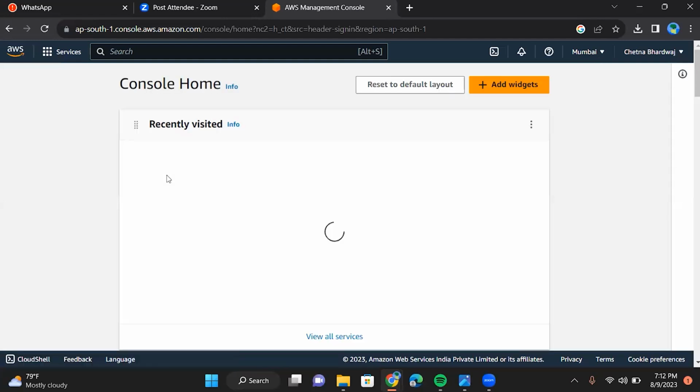Once we are logged into our console, we will choose the compute service, which is EC2.